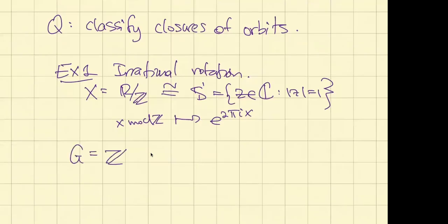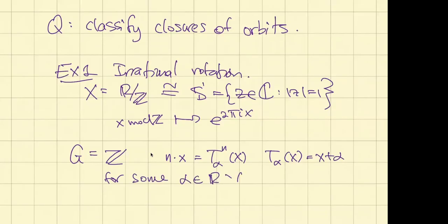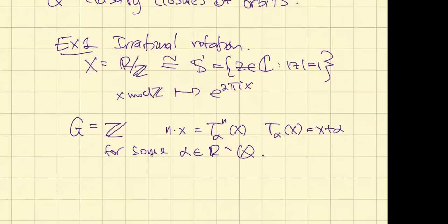G is the integers, and the action law is n times x equals T alpha to the n of x, where T alpha of x is x plus alpha for some irrational alpha. You've probably all seen this before, so I'll do this quickly. This is the addition rule in this group. This quotient group, the torus, is also a group. So we're just adding alpha, which is an irrational number, and when you want to do it n times, you just repeat n times.